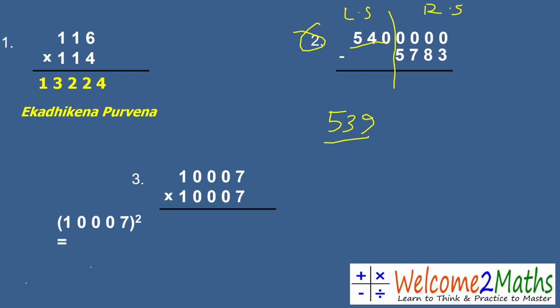And for the right hand side, what do we have to do? We will subtract 5 from 9, 7 from 9, 8 from 9 and 3 from 10. So 9 minus 5 is 4, 9 minus 7 is 2, 9 minus 8 is 1 and 10 minus 3 is 7. And this is our answer, 5,394,217.